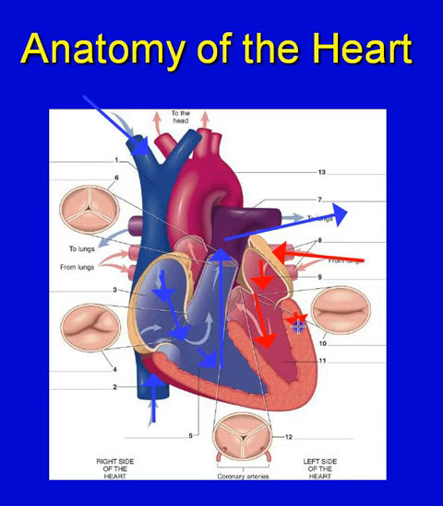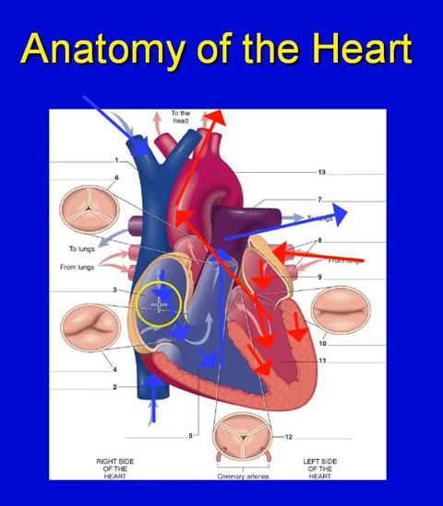Now, if you'll notice, the walls of the left ventricle are much thicker, and that's because there has to be a lot of force to force that blood out of the aortic valve, up through the aorta, and out into the body.